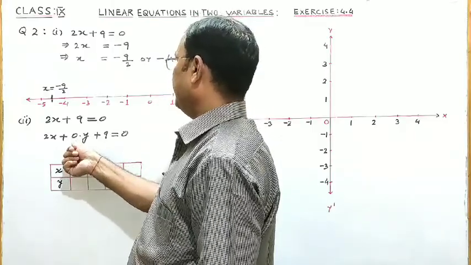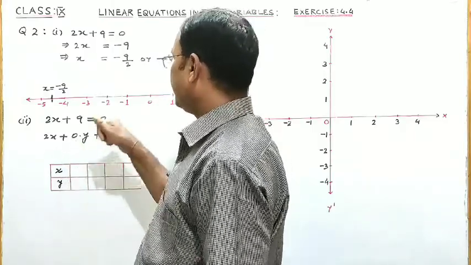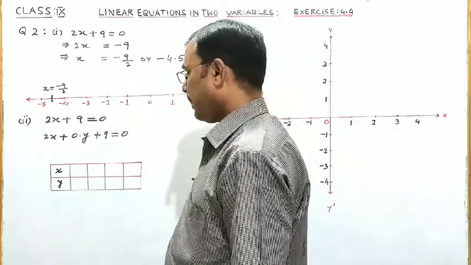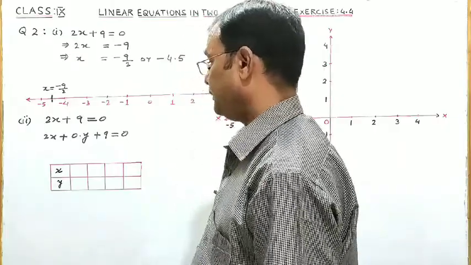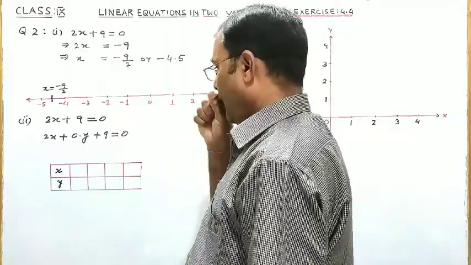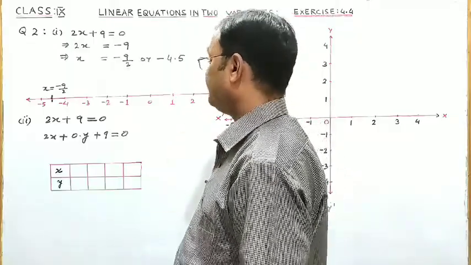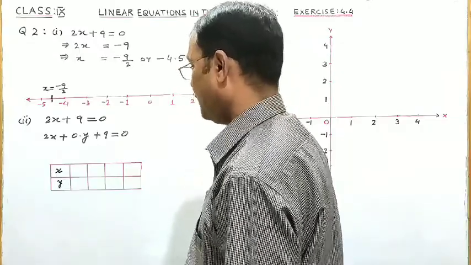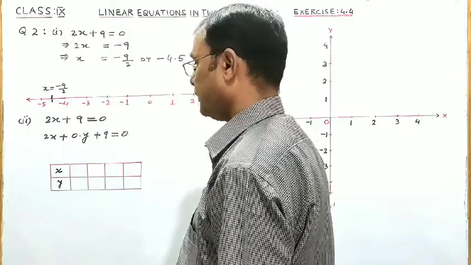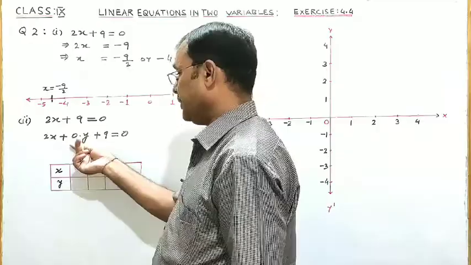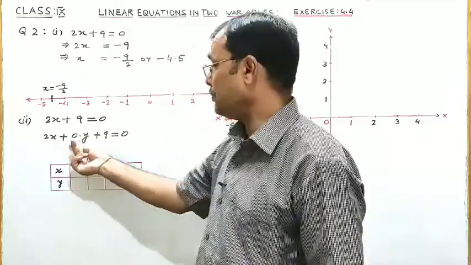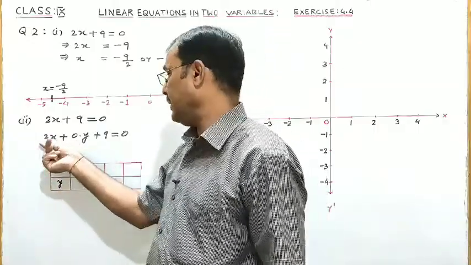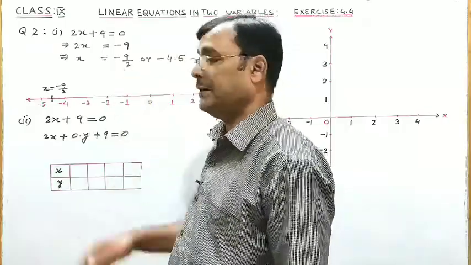As the coefficient of y is 0, for all values of y, 0 into y will be 0 and x will be equal to minus 9 by 2.